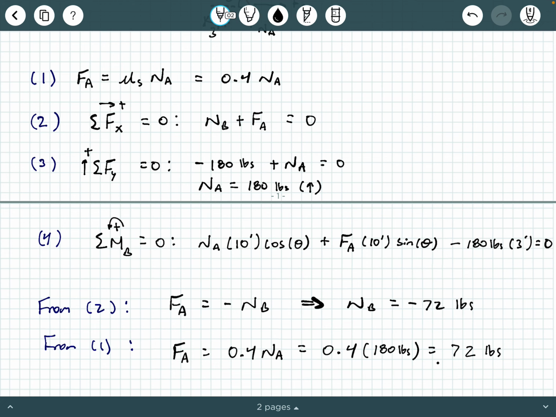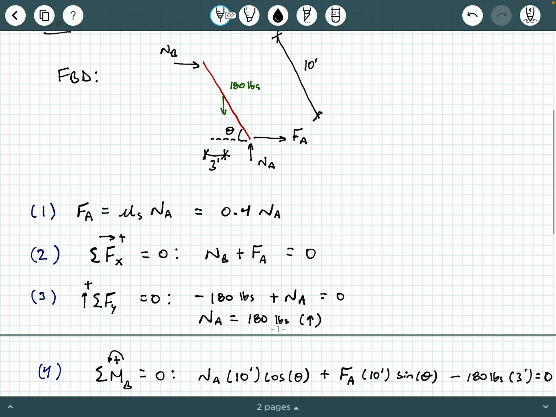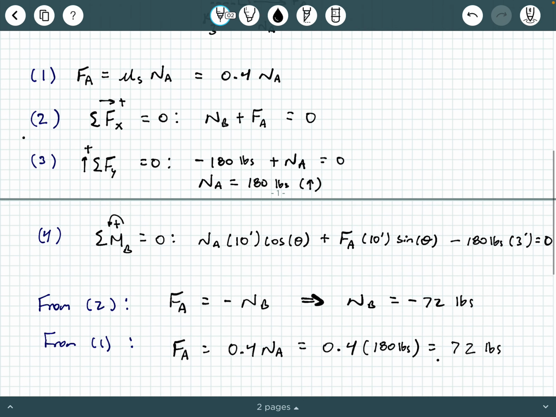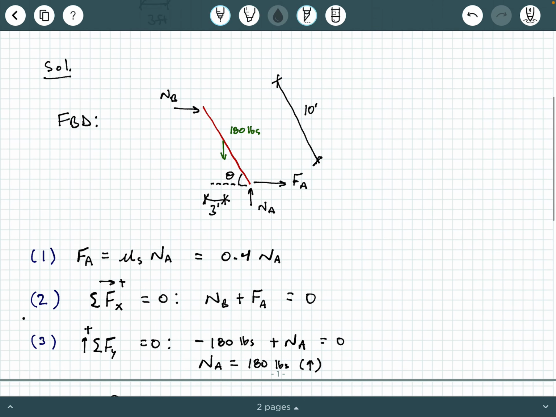And so if NB is negative 72 pounds, that just means that it's going to point in the opposite direction that we assumed, which would be to the left. So we can end up saying equals 72 pounds pointing to the left there, okay? So looking back at our free body diagram, if you want to, we can check some things off. We got NB just now, we got NA, we got FA. So the only thing we're missing right now is theta, okay?